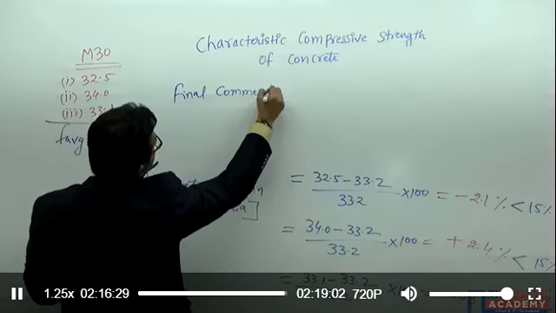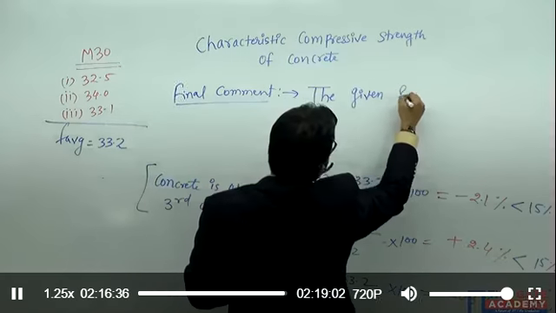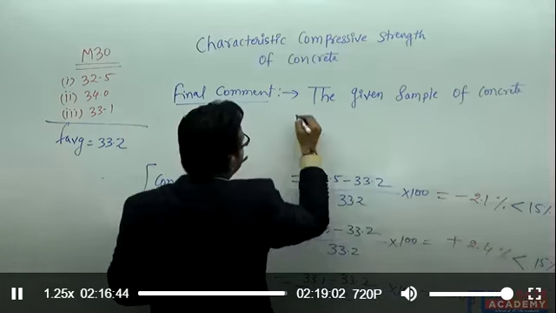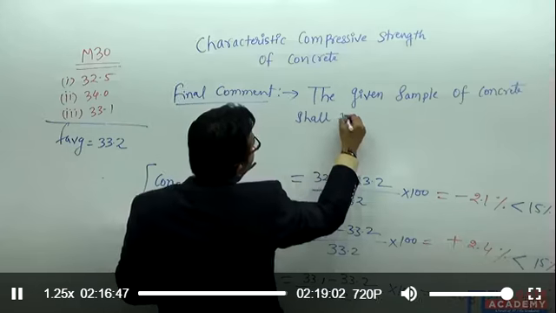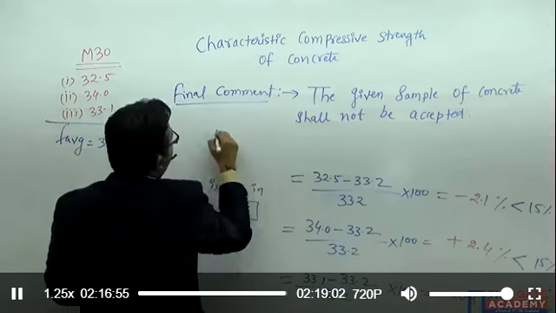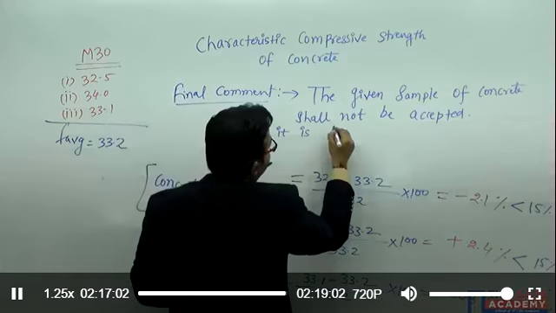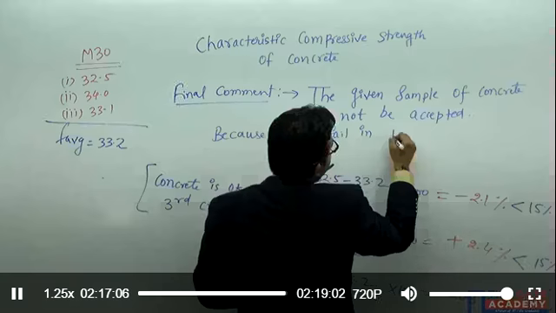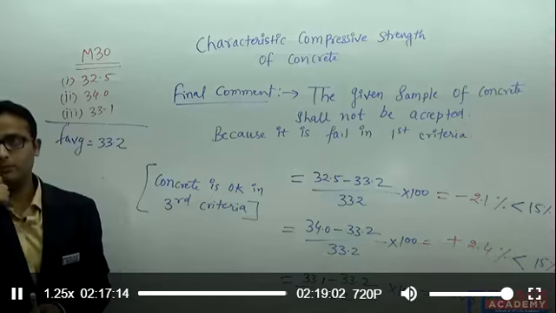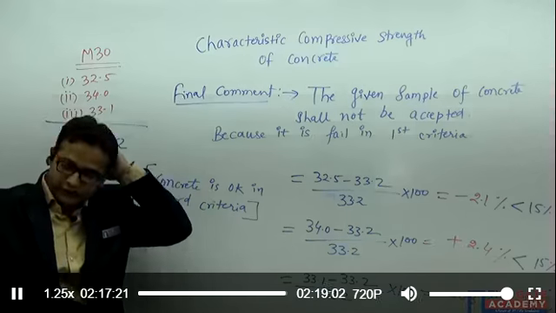Final comment: the given sample of concrete shall not be accepted because it fails in the first criteria. Since it fails in the first criteria, we will not accept the concrete, whatever concrete is prepared at the site.